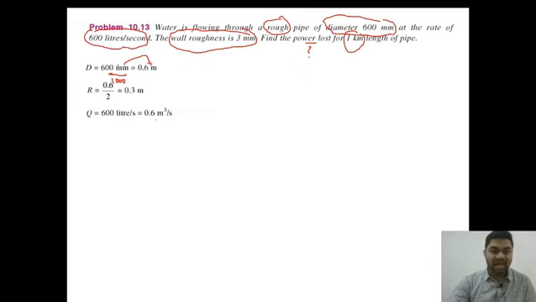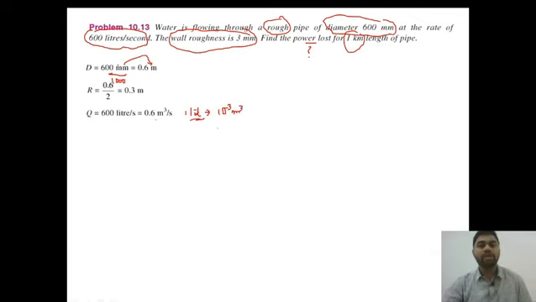We have the discharge as 600 liters per second. 1 liter is 10 to the power of minus 3 meter cube, so to convert liters to meter cube, multiply by 10 to the power of minus 3.